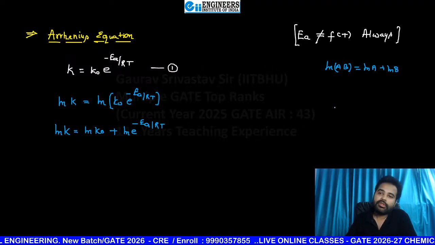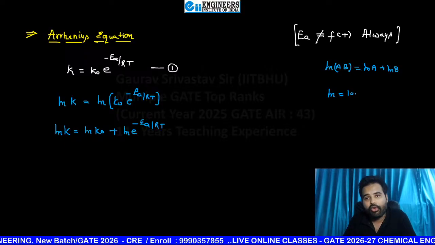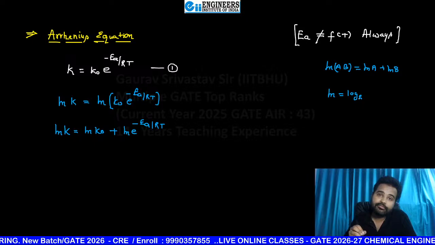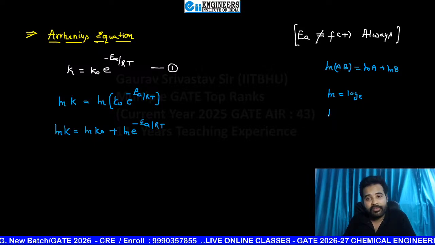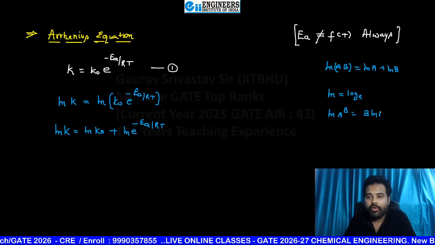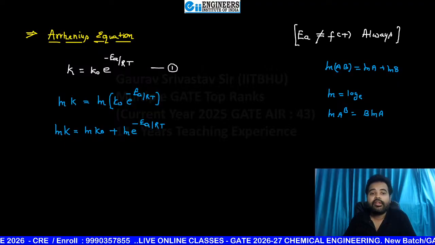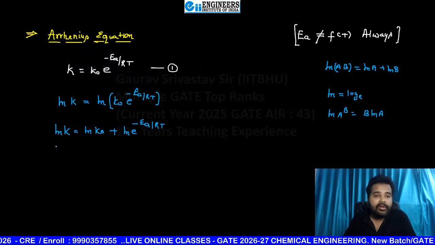Now, one more rule. What is ln? Ln is nothing but log with base e. And if something is written like ln of a to the power b, then you can write it as b ln a. So this can be written as minus EA by RT times ln e.